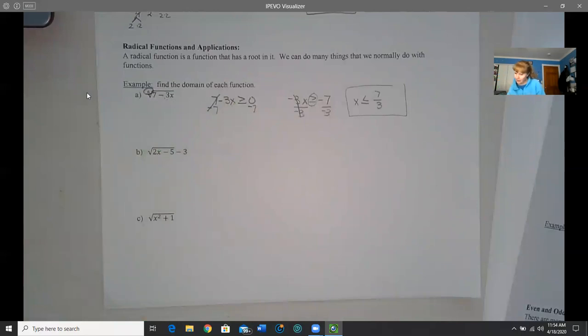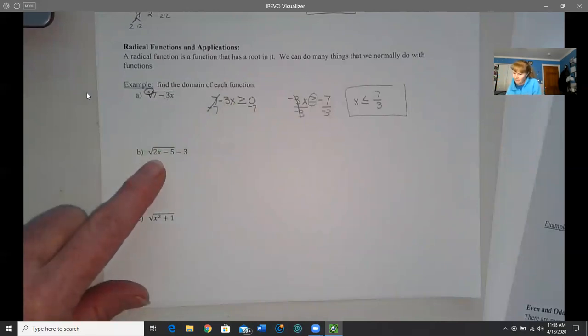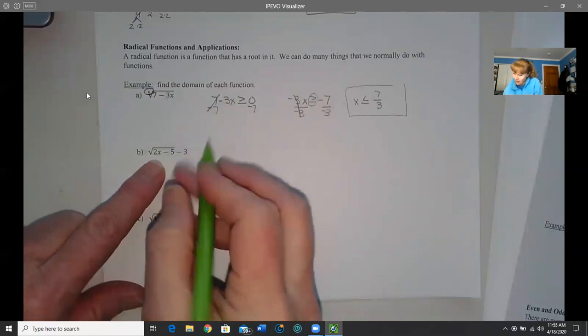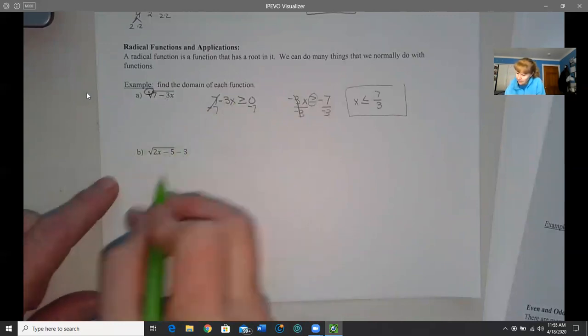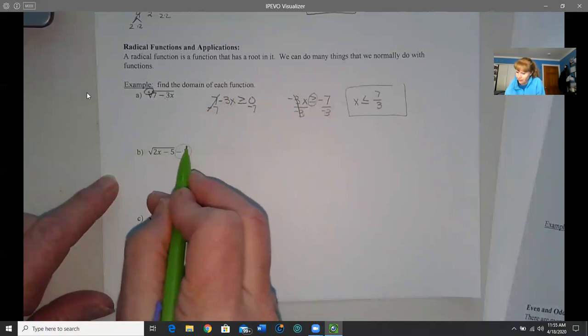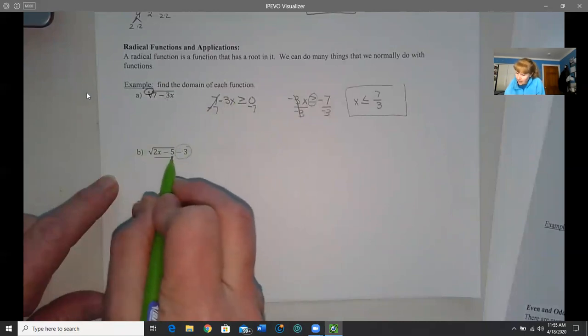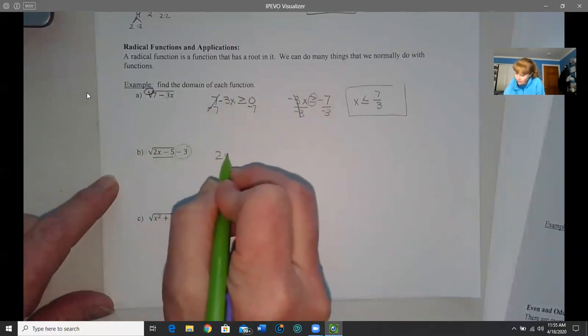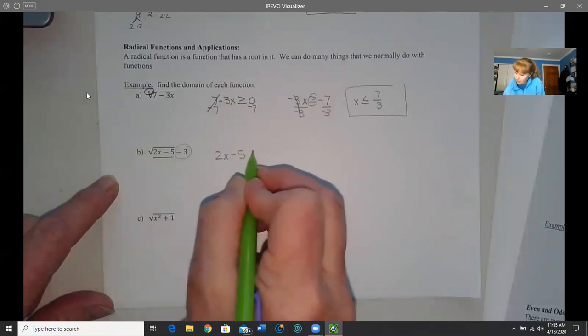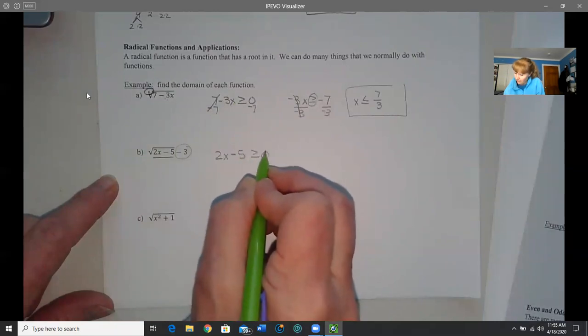Find the domain of each of these functions. Okay, here, the 2x, it doesn't matter about the -3, but what's inside must be greater than or equal to 0.